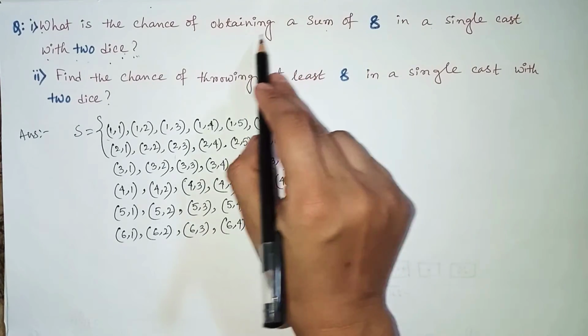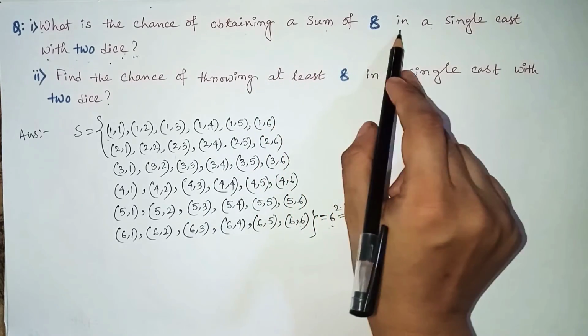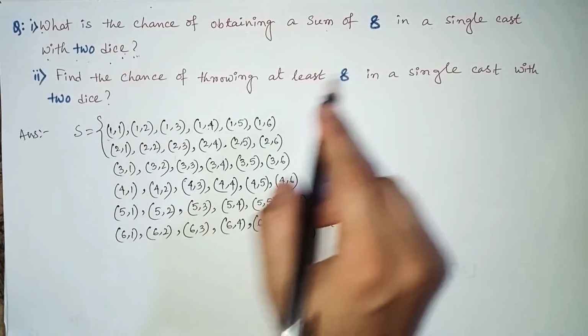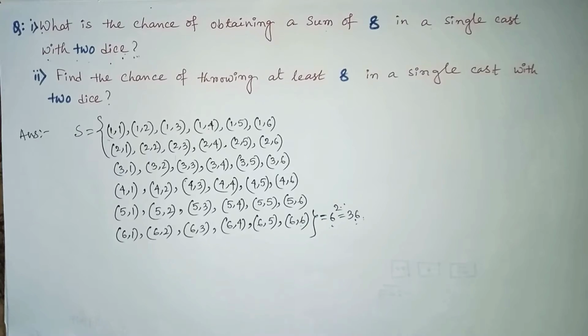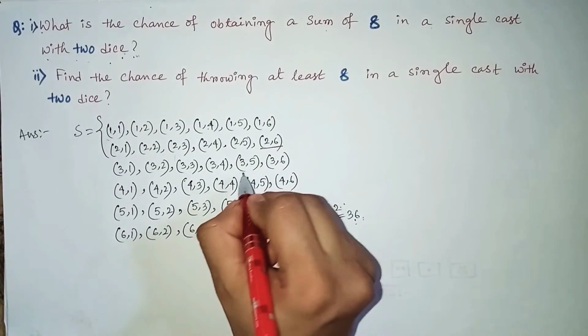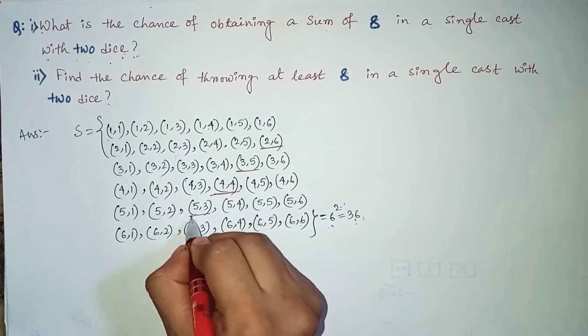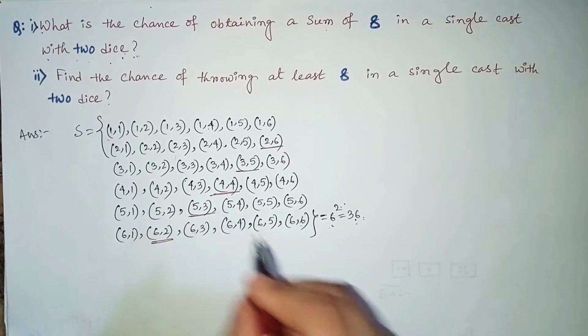Now we have to find the probability of obtaining a sum of 8 in a single cast of 2 dice. So for a sum of 8: 2 plus 6 is 8, 3 plus 5 is 8, 4 plus 4 is 8, 5 plus 3 is 8, 6 plus 2 is 8.